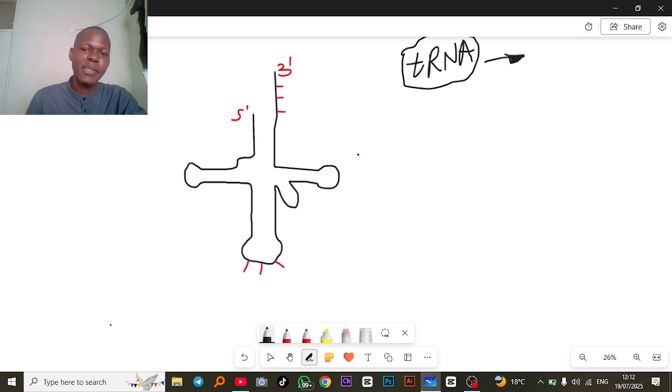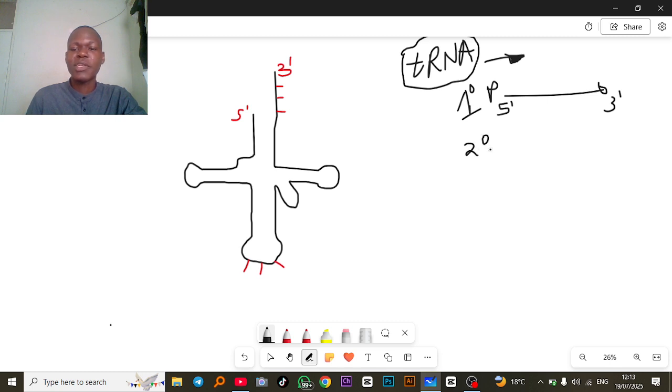We have a tRNA. Of course, it's formed as a primary structure, meaning it's formed as a linear structure, which has its 5' to 3' sequence. And later on, the primary structure can go on to form a clover leaf, which is known as its secondary structure.